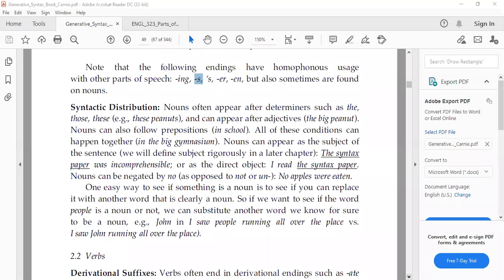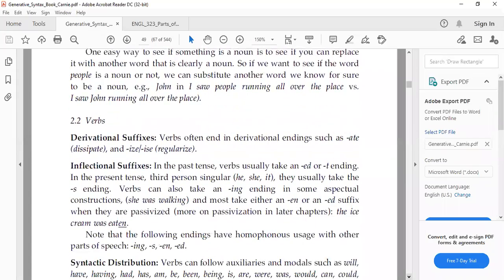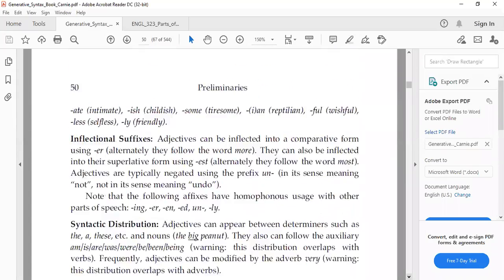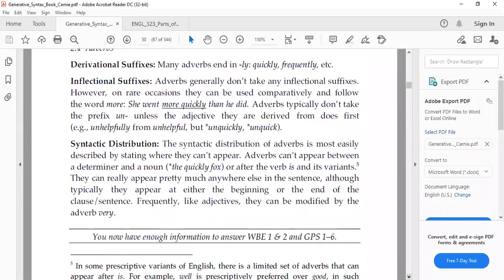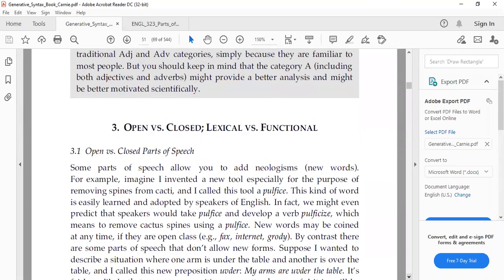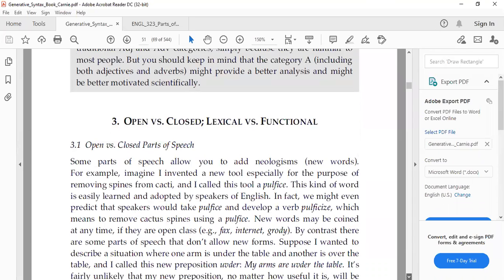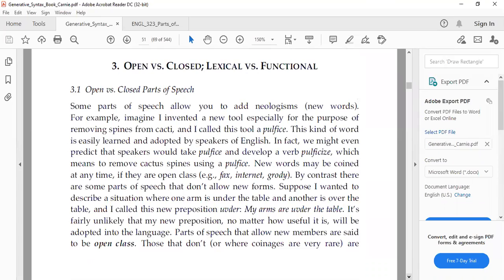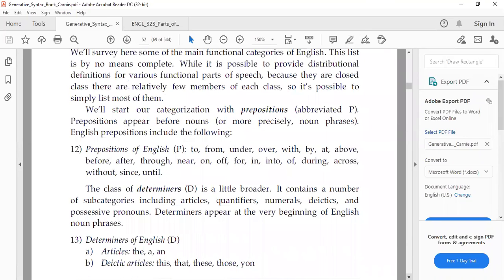So now we are done with nouns, verbs, adjectives, adverbs. So please, Rawia, prepare the open and closed classes, lexical and functional.